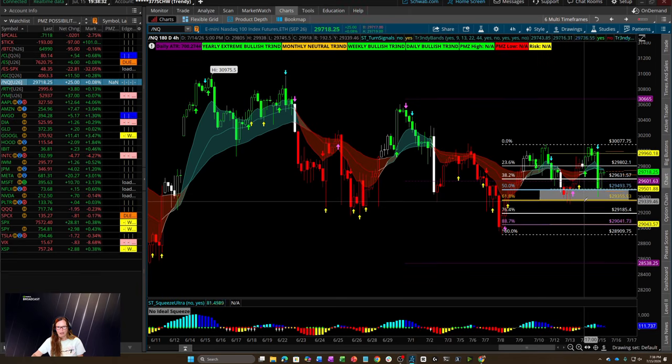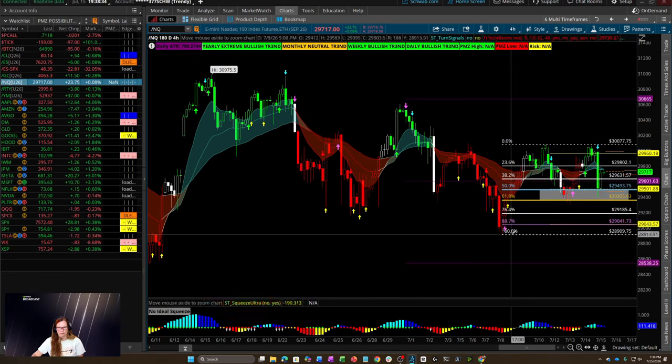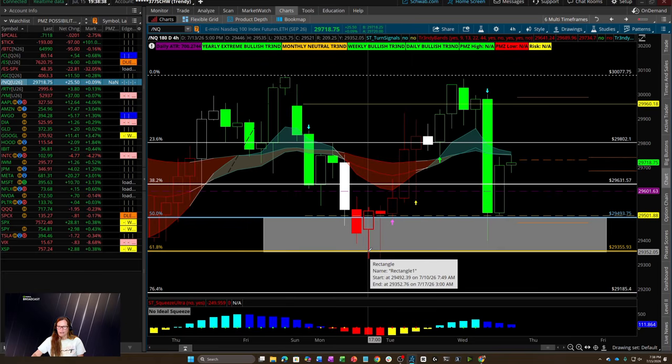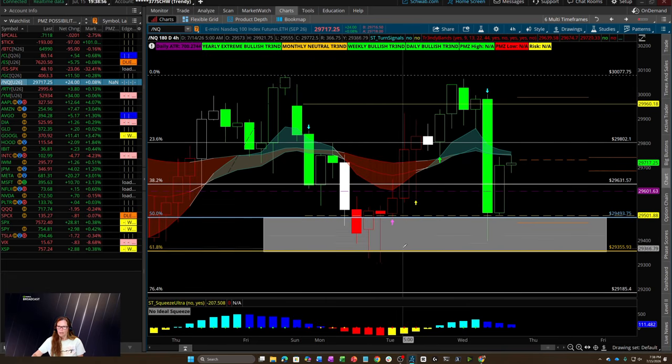if I'm trading this zone, I'm going to ask you a question. Was I stopped out of this trade right here? Was I stopped out of this trade right here, trading this zone?